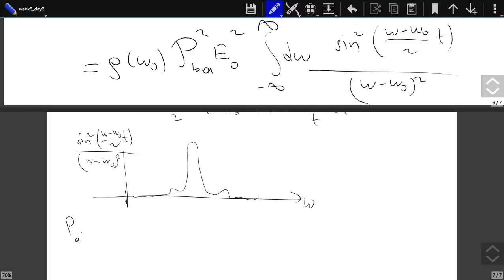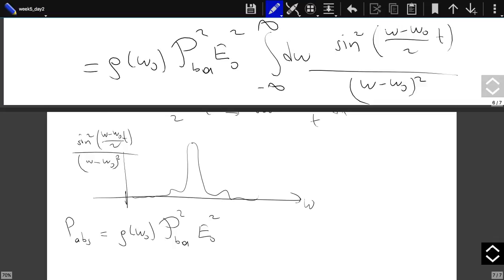The absorption probability will be rho of omega 0, the matrix element of this electric dipole, E0 squared, times 2 over t over 2 squared, integral from minus infinity to infinity, dx sine squared x over x squared.